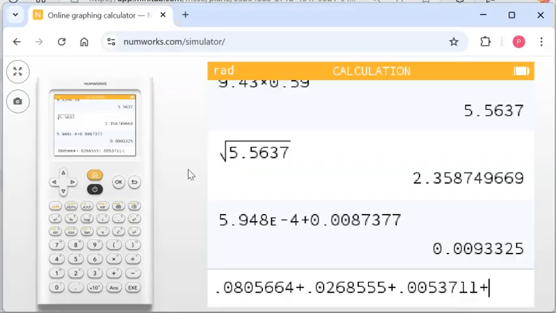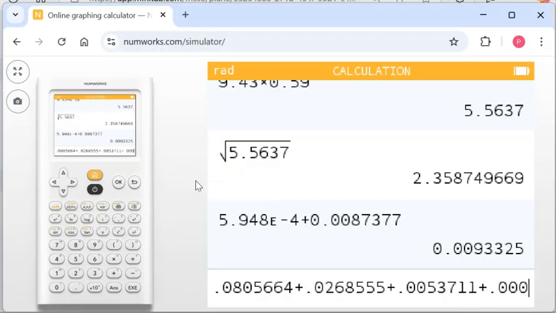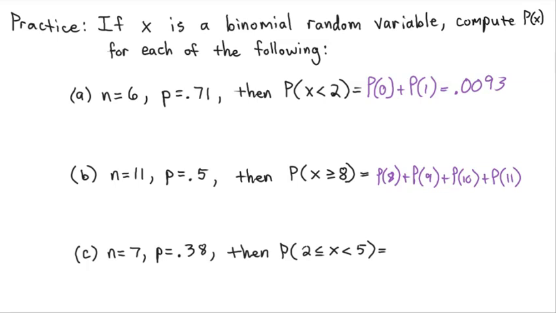Last one, probability of 11 is 0.0004883, and we'll press enter, and we get 0.113. Now this says 2, but this 8 is going to turn this 2 into a 3, so it'll be 0.1133. So this one will be point equals 0.1133.